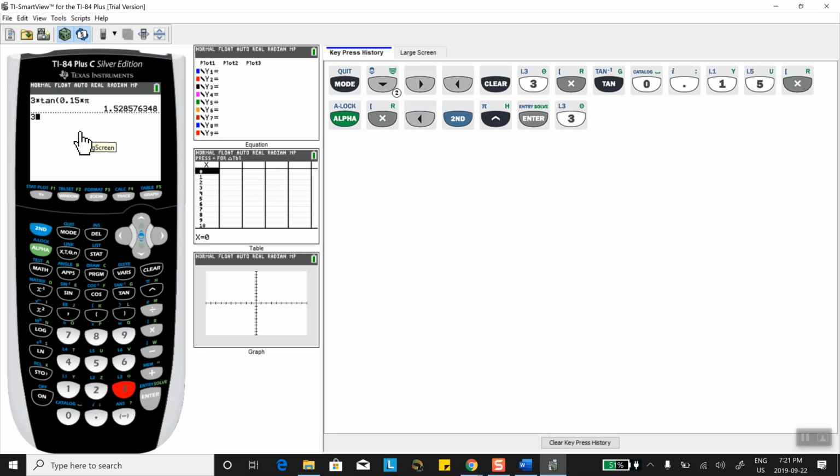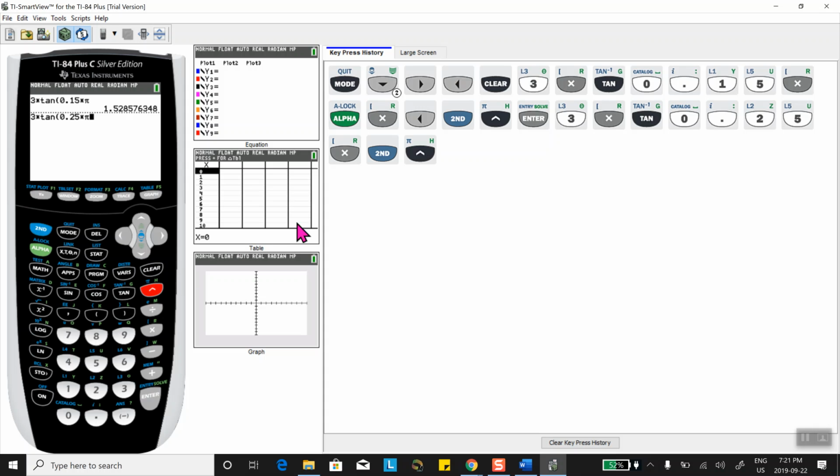So 3 times tangent of 0.25 times pi. Pi was right there, you see that? But it's this blue color, so second function on the blue, and there's a pi. Hit return, and it's going to become 3. This does not surprise you because tangent of 0.25 pi is tangent of pi over 4, which you should know is 1. So multiplied by 3, you get 3.